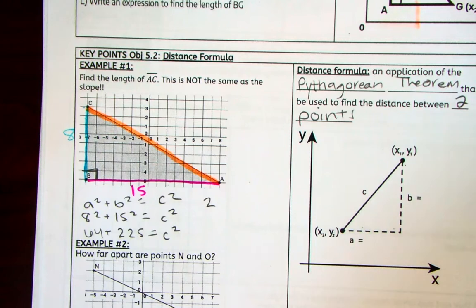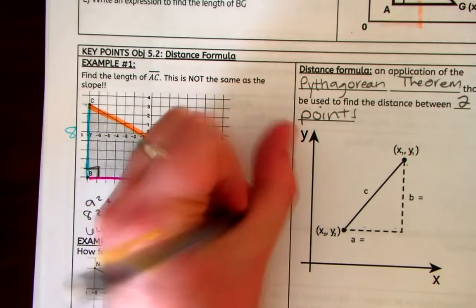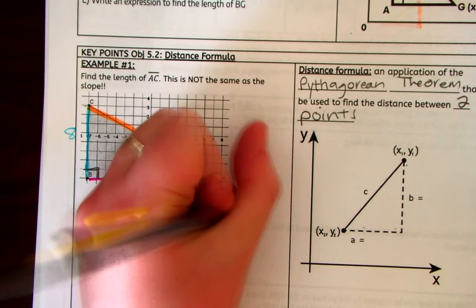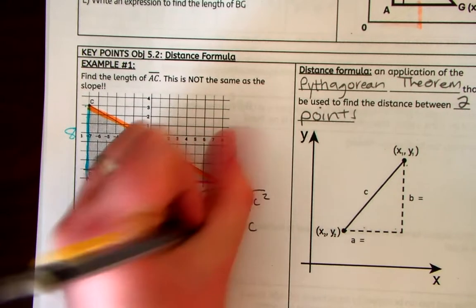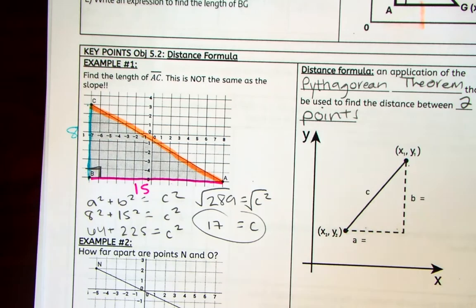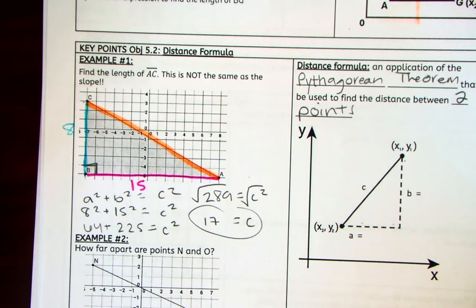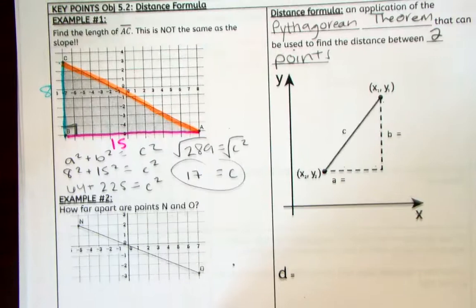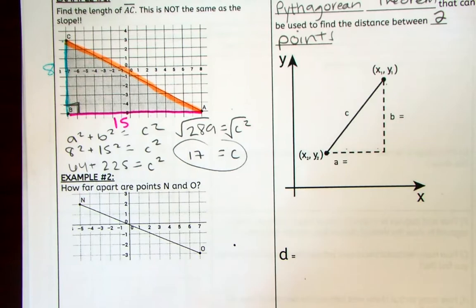Yep. No, 289 equals C squared. Square root of that is going to be 17. So the distance from A to C is 17. Okay. We good on that example?